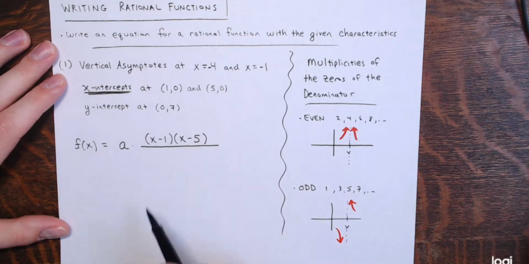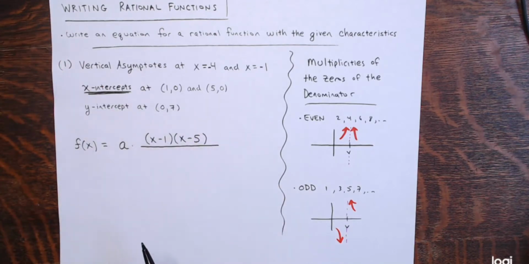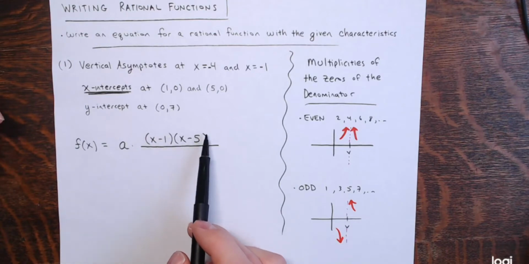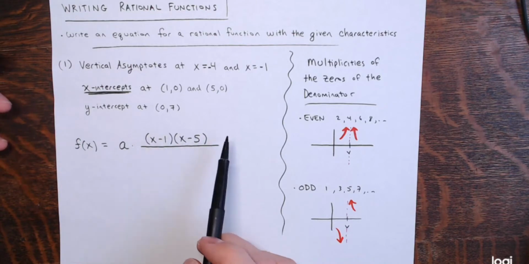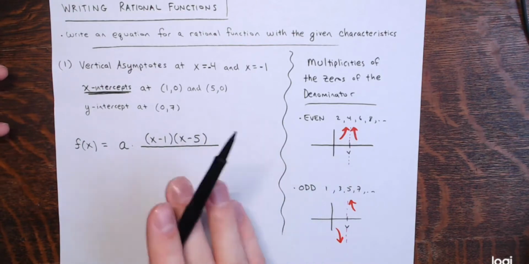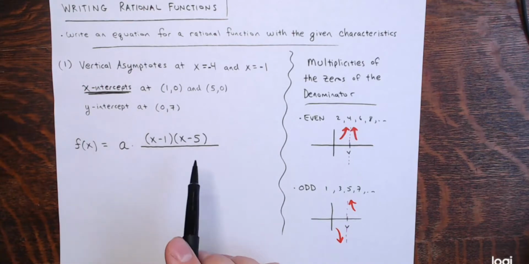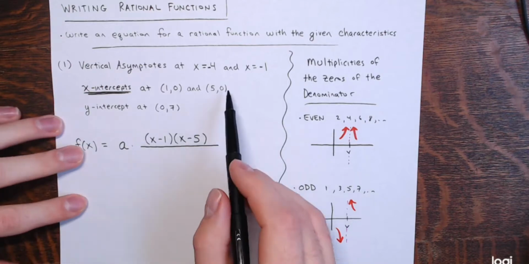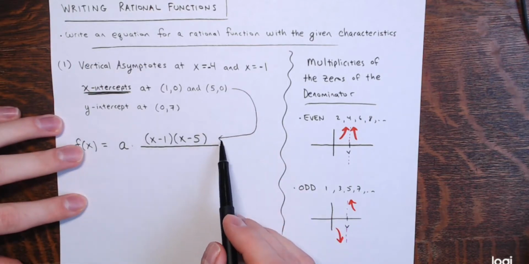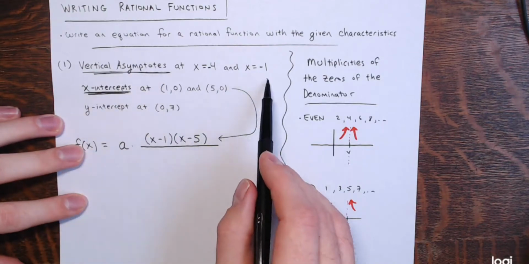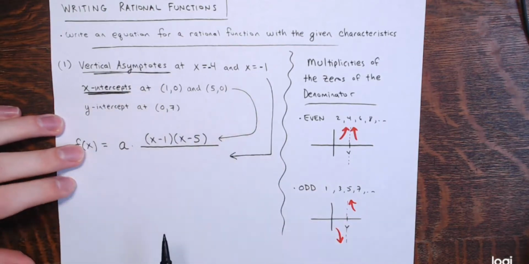Notice it didn't say anything about the multiplicities, so we're going to keep the power at 1 on both of these, because it didn't say anything about how the graph was crossing over or bouncing off the x-axis. So we're going to keep these as simple as possible based on the given information. These come into play for the numerator, and then the vertical asymptotes for the denominator.